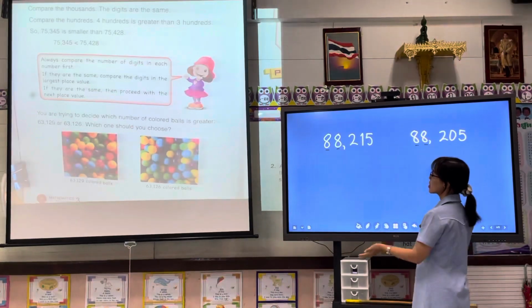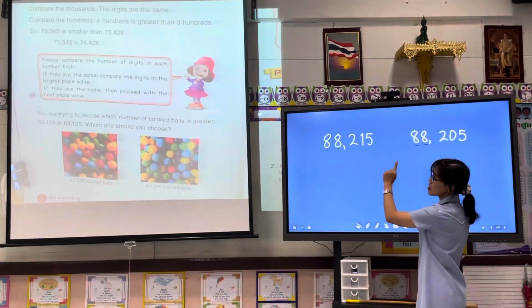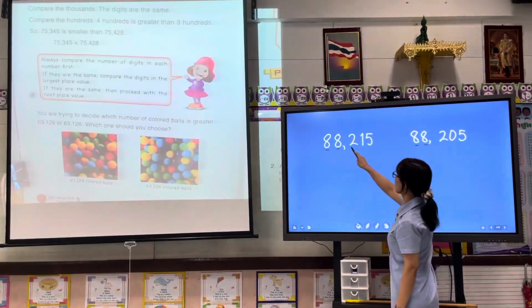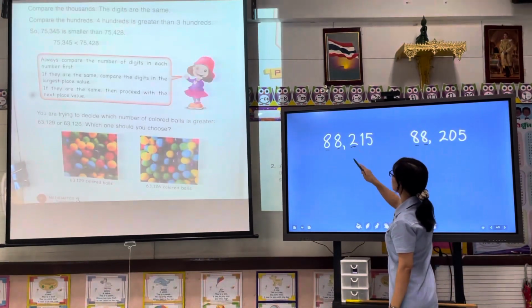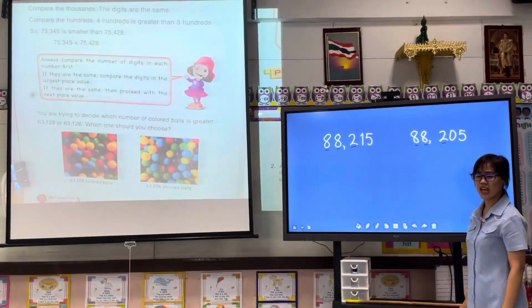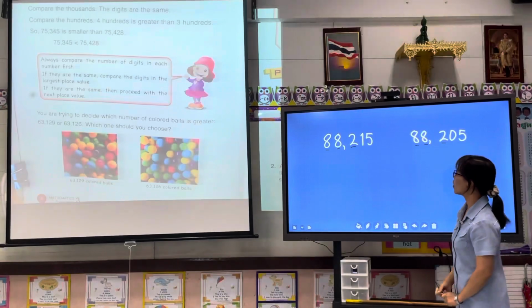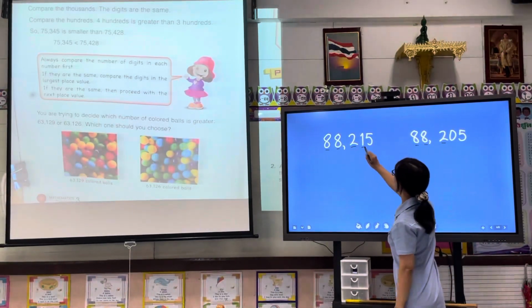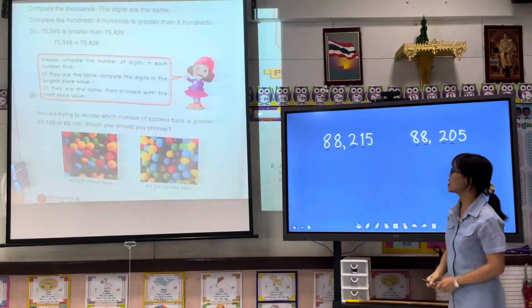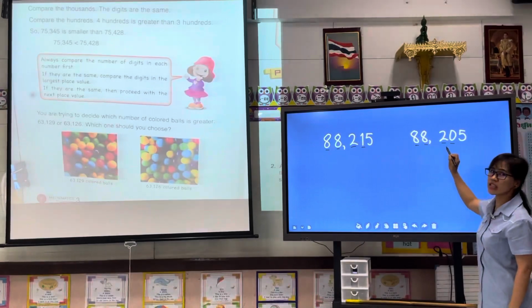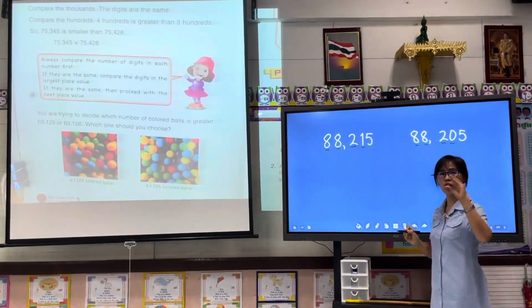Now proceed to the next. It says that proceed with the next place value, 200s, 200. Again, they are the same. Equal. Now proceed with the next, which is the tens. That means 1 tens and 0 tens. Which is smaller?